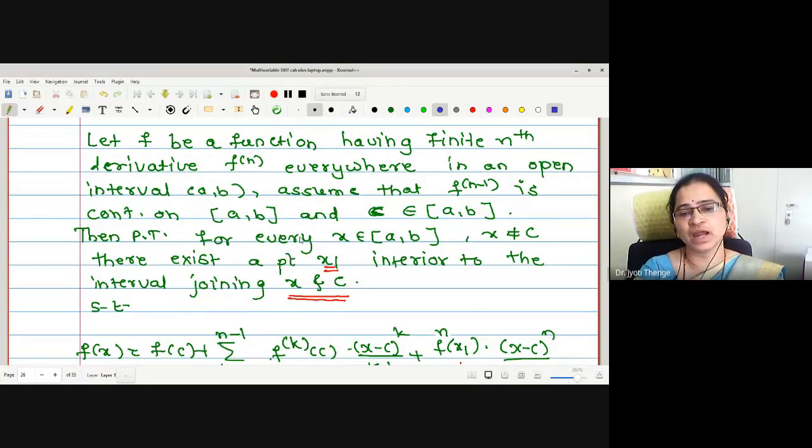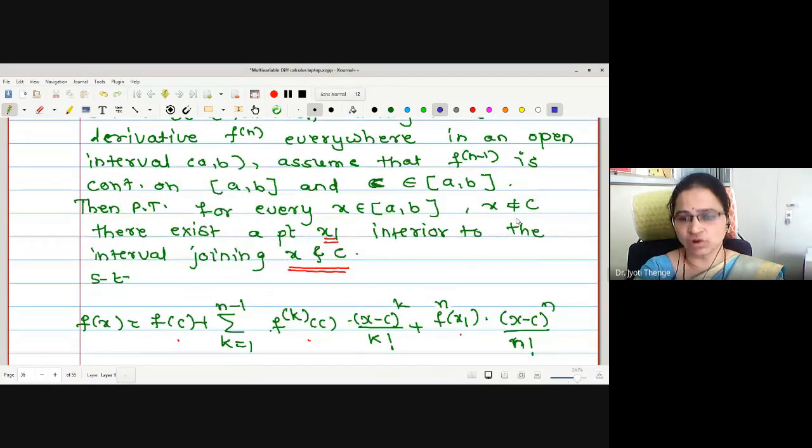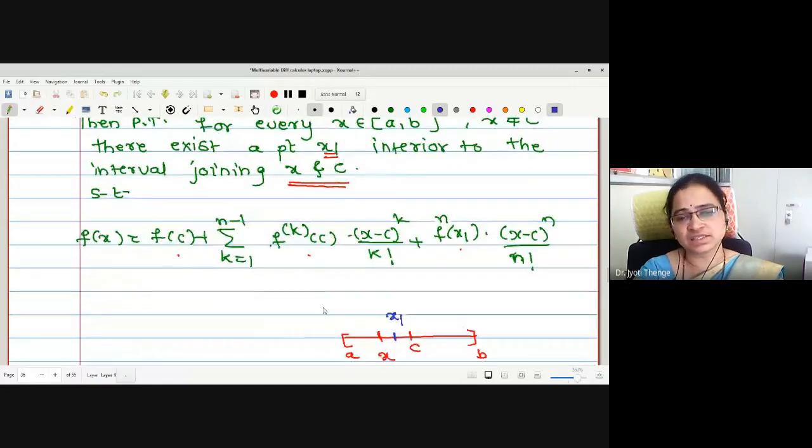We proved that for every x in (a, b), x not equal to c, there exists a point x1 on the interval between x and c such that this series gets converted to an equation.